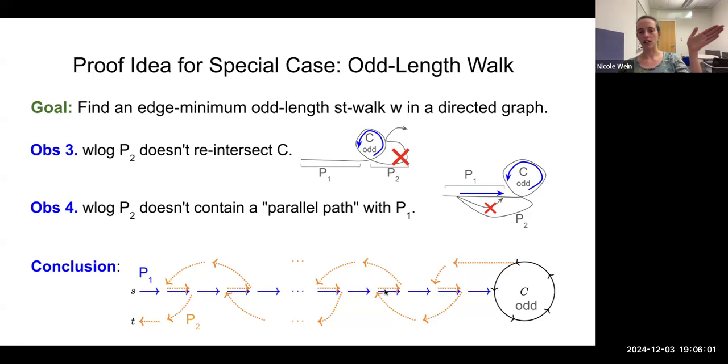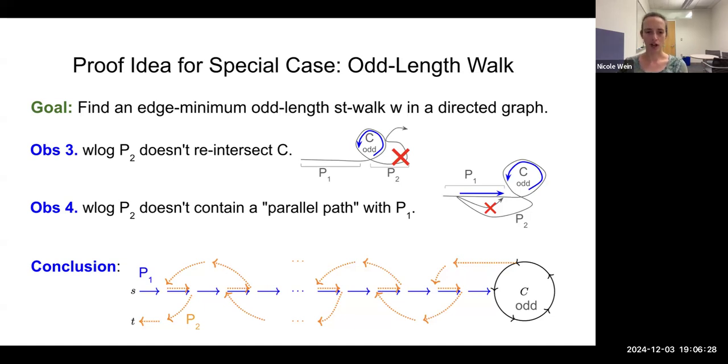Then again, they take a contiguous subpath. Then P2 jumps back along P1, takes another contiguous subpath, and so on. And this could happen an unbounded number of times. To clarify, in this picture, these forward arrows don't necessarily represent single edges. They could represent whole subpaths that P2 and P1 are agreeing on before P2 then jumps backwards.